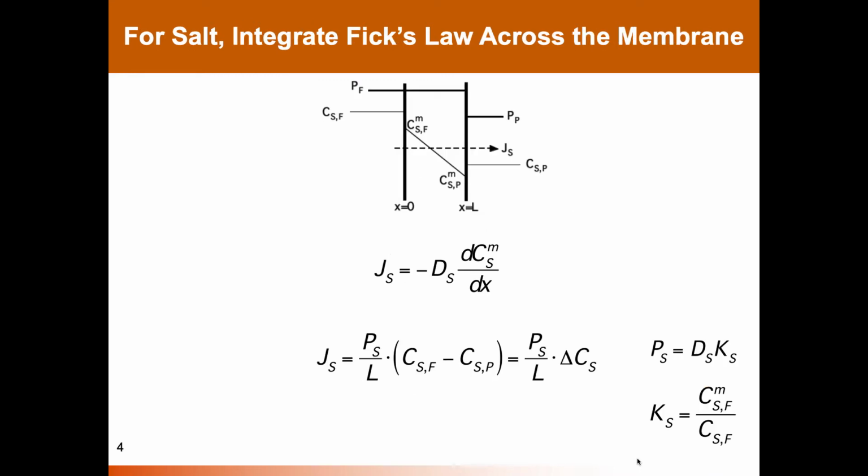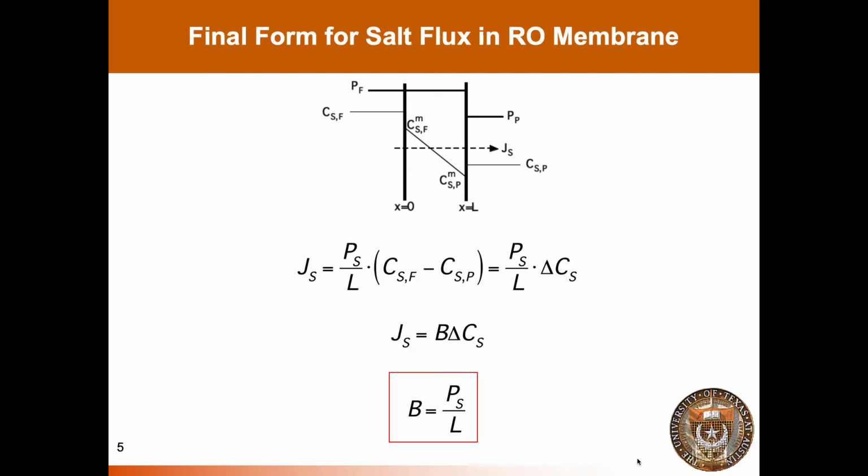And so we can very simply integrate this result to get the final result for salt flux in relation to the change in concentration of salt in the external solutions. We've related the concentration of salt in the membrane to that in the external solution with a salt partition coefficient, and typically at the levels of salt that are in desalination membranes, one could take the salt partition coefficient to be about the same at the feed and permeate interfaces, and that's what's been done to get this final version of the expression.